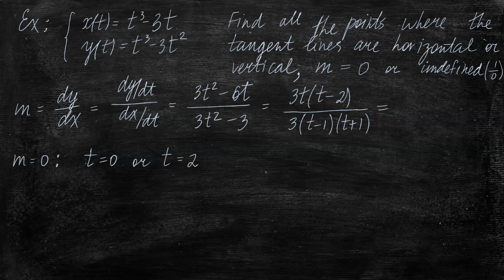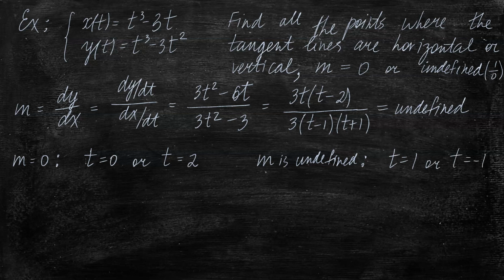Alternatively, we may ask ourselves, when is this undefined? One way to make this undefined is to make the denominator equal to 0. So when t is equal to 1, or t is equal to -1, this is when this expression is undefined.